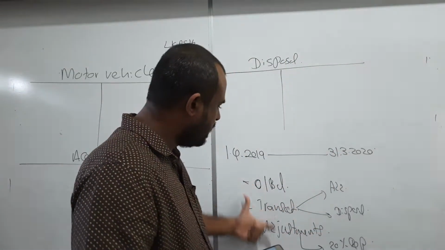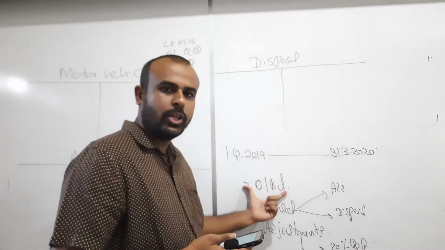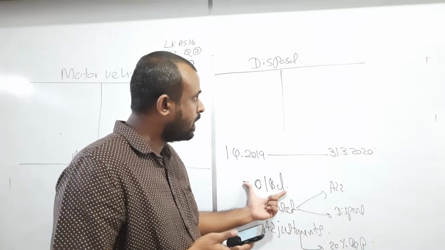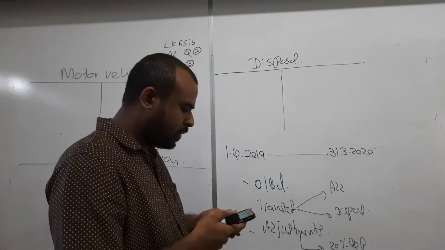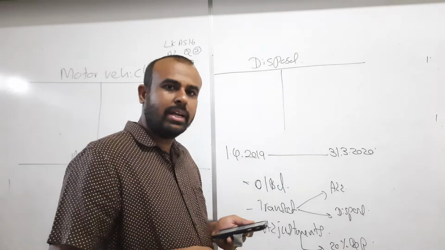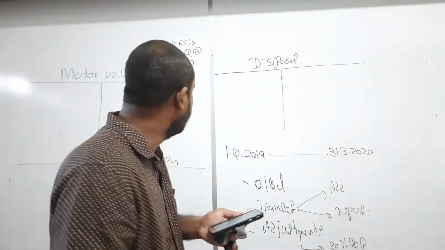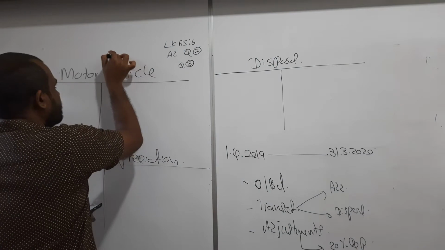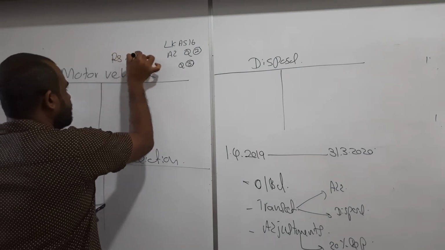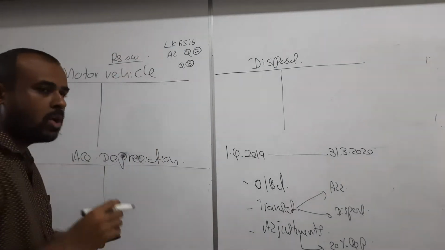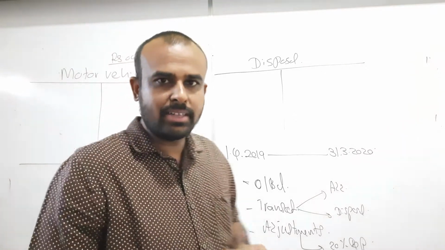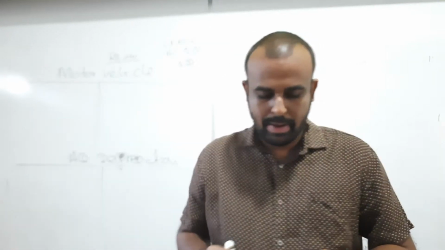Okay. According to this, you start every question with the opening balances. So what were the opening balances? On 1st April 2019, you can see the motor vehicle account has a balance of 4,800,000. We do the question in rupees 1000. Motor vehicle account is an asset account, so it has a debit balance.